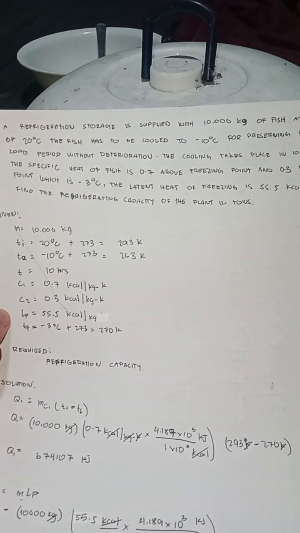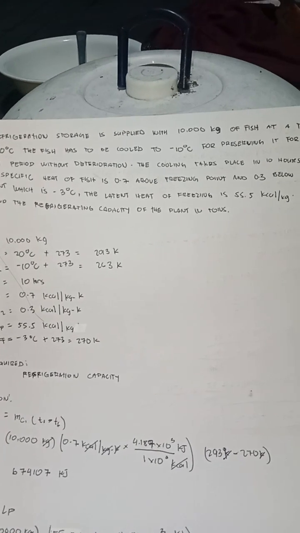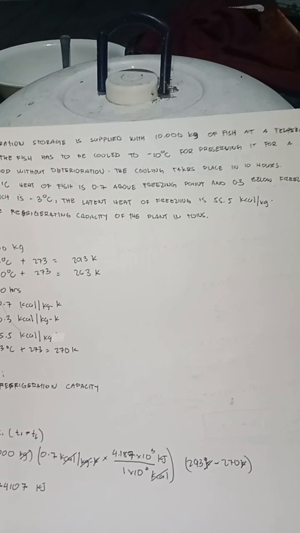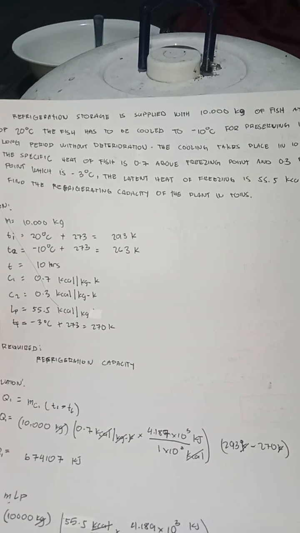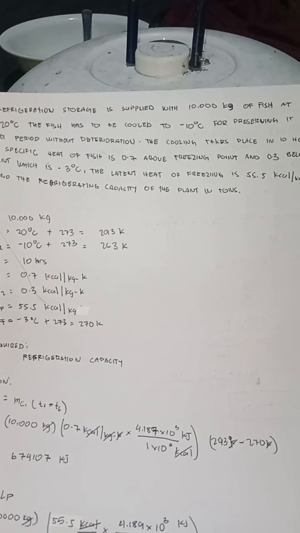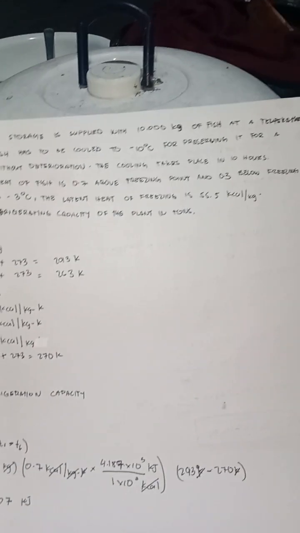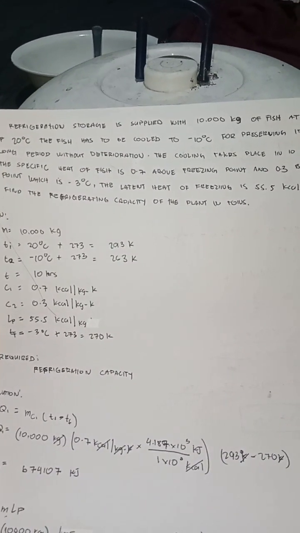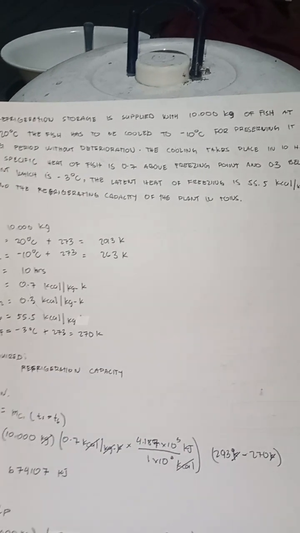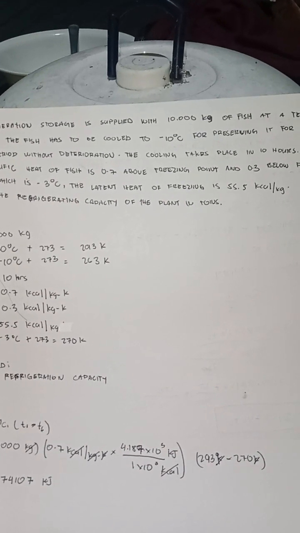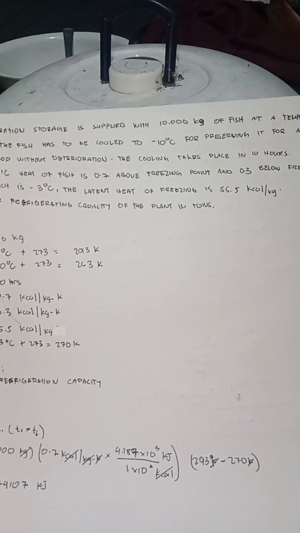The specific heat of fish is 0.7 above freezing point and 0.3 below freezing point, which is negative 3 degrees Celsius. The latent heat of freezing is 55.5 kcal per kilogram.